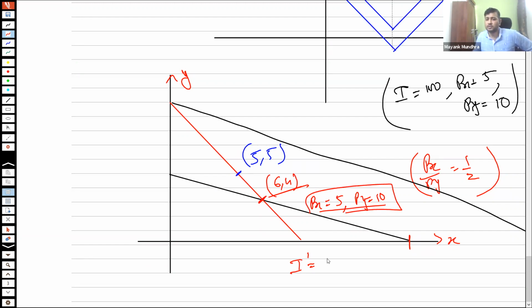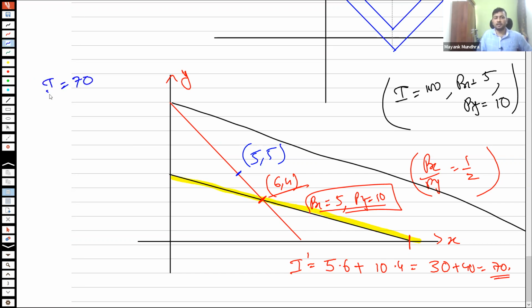So I prime equals 5 into 6 plus 10 into 4, that is 30 plus 40, which is equal to 70. So with income 70, now you find out the optima for Px by Py equals half.